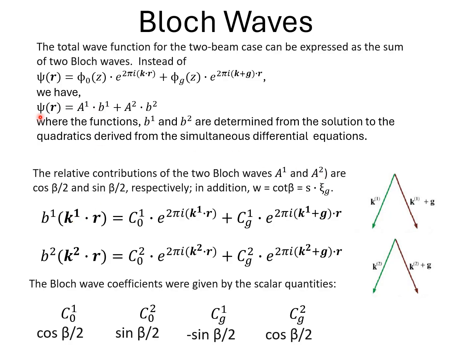Bloch wave 1 is some combination of these diffracting conditions, and Bloch wave 2 is given by that. These are the solutions to the differential equations which were put together in order to fit the observations.